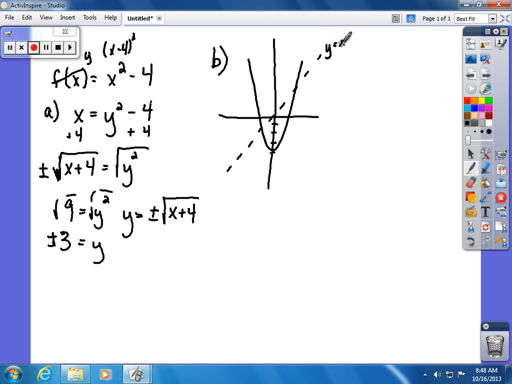So you can sort of cheat at drawing an inverse by just reflecting your graph across this line, which can be a little hard to picture. But what I would do is just pick some points along your graph, and they'll be the same distance away on the other side of the line. Like for example, that point on this parabola.